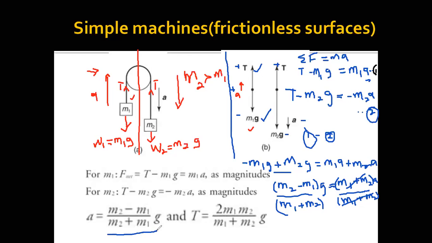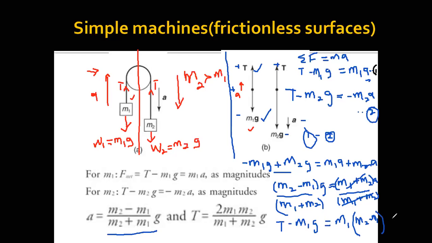If you want the tension, you go and substitute your acceleration in here, okay. So you are going to do that, substitution. So that will be T minus m1g is equals to m1, then you put your a in there, which is m2 minus m1, g, okay?